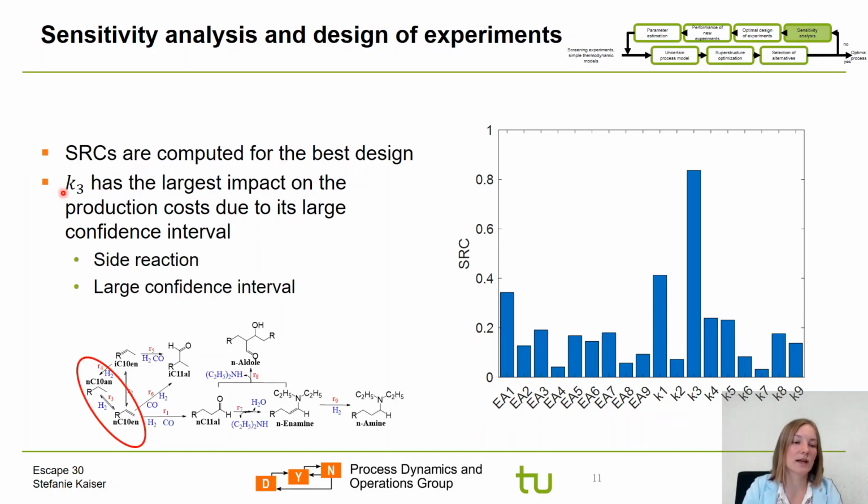And this is due to the fact that reaction 3 only describes the side reaction, so the hydrogenation here. The product of this reaction is only formed in a really small amount, and therefore the parameter cannot be estimated well. So the confidence interval of this parameter is very large, and this then has a high impact on the standardized regression coefficient.